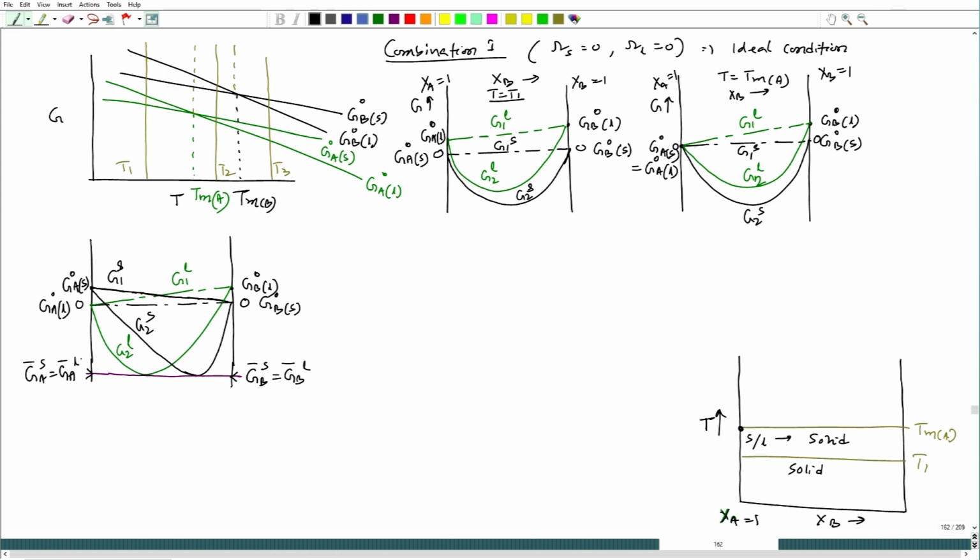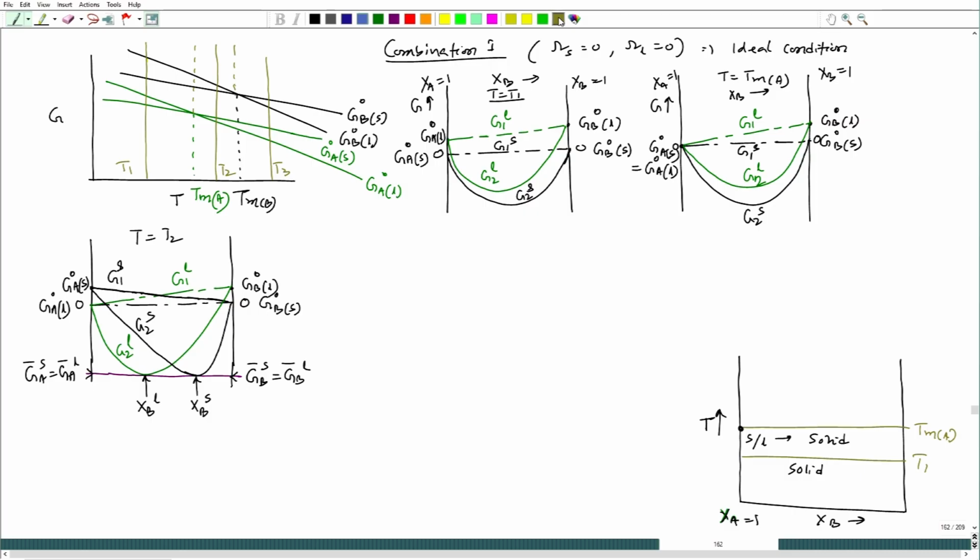So, that is indicating equilibrium and the equilibrium compositions are these two. This is X B of solid and this is X B of liquid. Okay. And this temperature is T equal to T2.